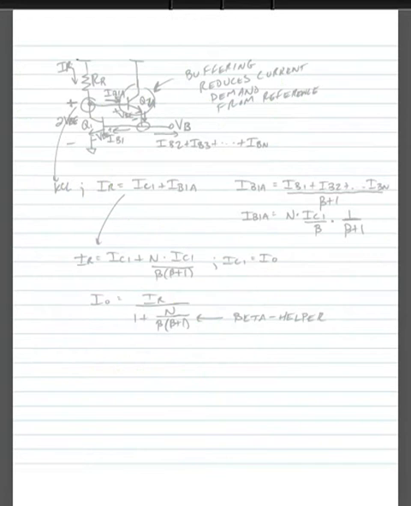Alright, so what we're going to do is we're going to take our current source, or sorry, our voltage reference, and we're going to add a transistor in the loop that would normally be comprised of the diode connected transistor.